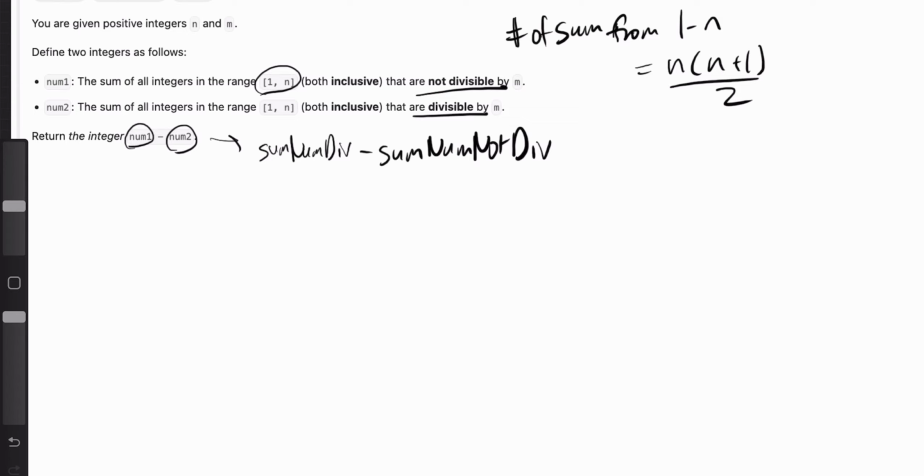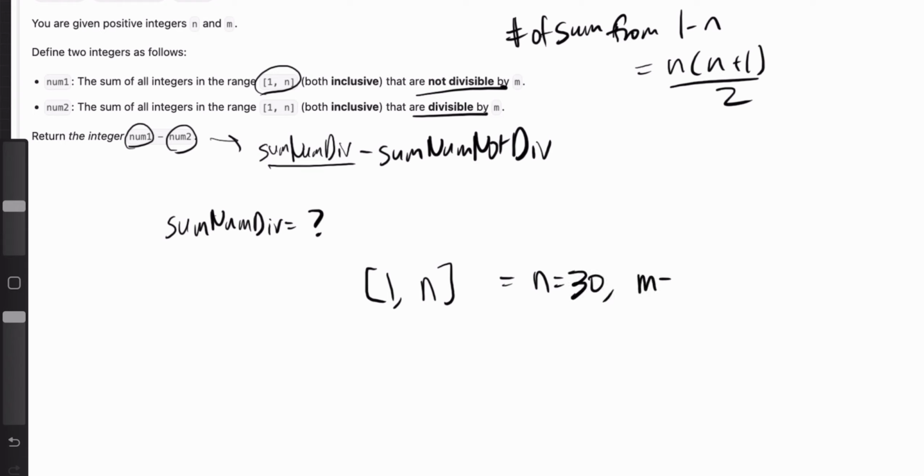First let's try to figure out this value. What is the sum of the numbers divisible by m? The best way to solve these problems is by using an example scenario, 1 through n, and let's set n equal to 30 and m equal to 4.